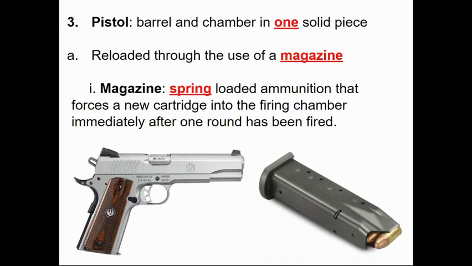I pull the trigger again, it fires again. And that differs from early designs where you had one round of ammunition, you pulled the trigger, fired it, and then you had to do the whole setup again. This allows you to fire and fire and fire until you have run out of ammunition.